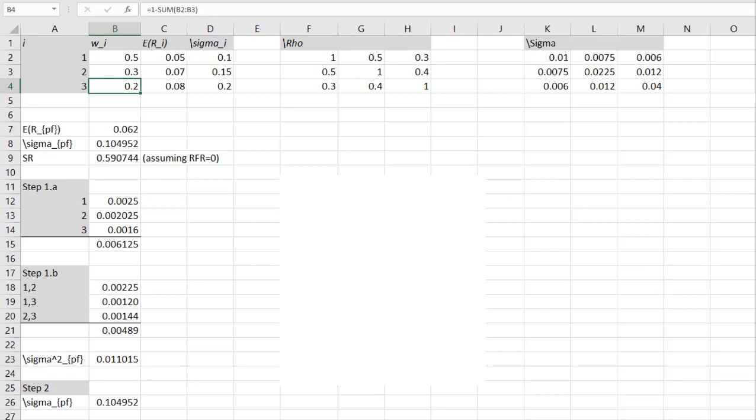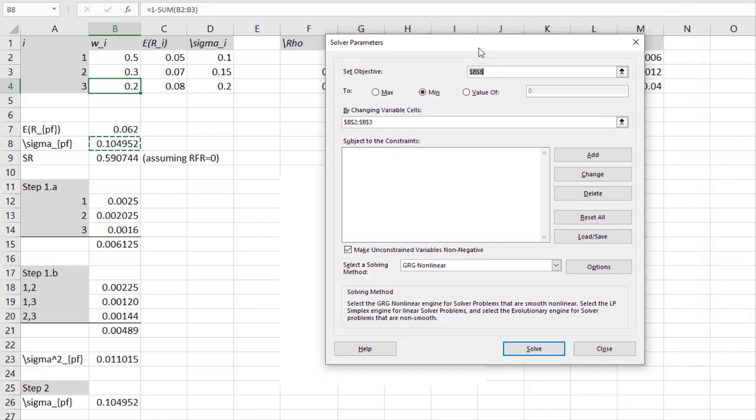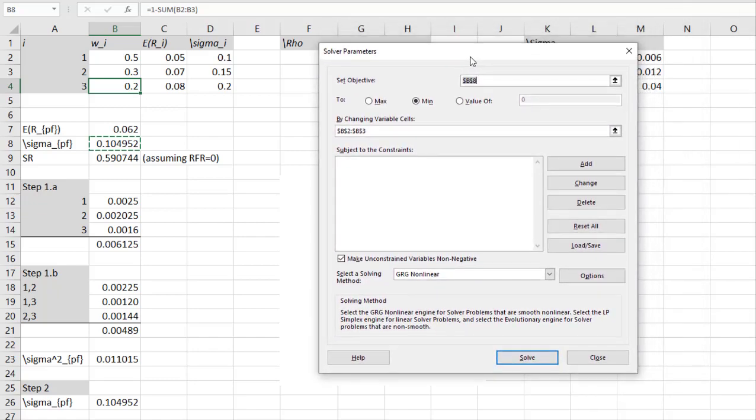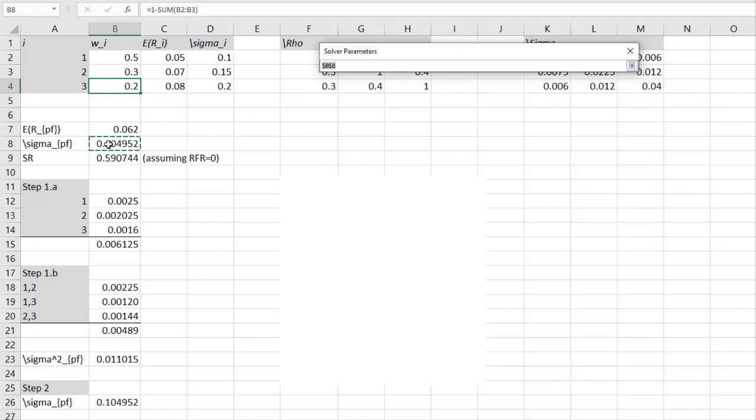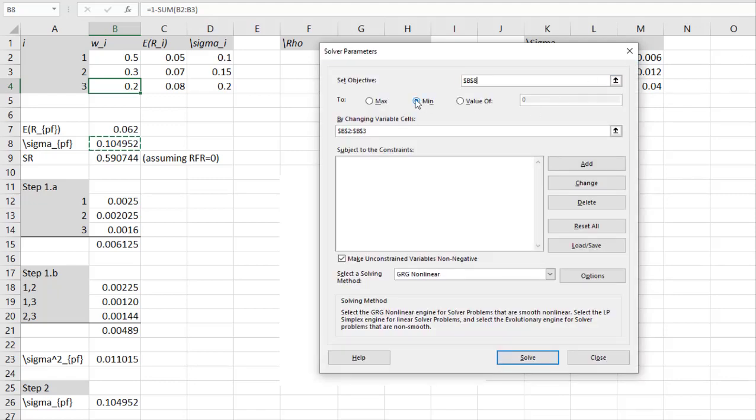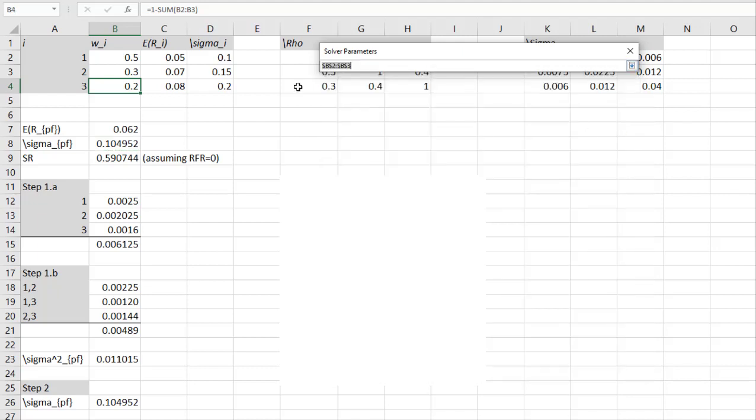I will now use the Excel solver to find the minimum variance portfolio. I'm going to minimize the portfolio volatility by changing weight 1 and weight 2.